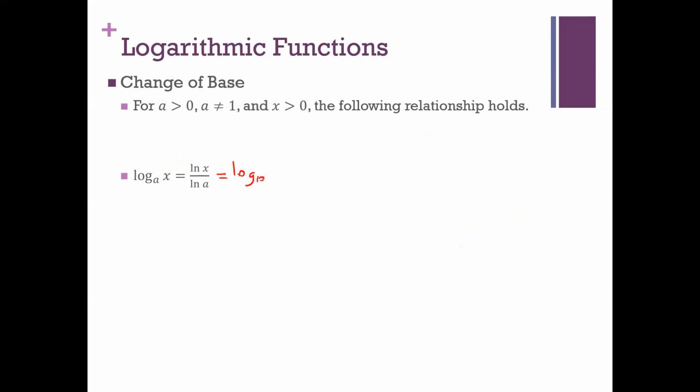It could be log base 10 over the log base 10 of A, or really anything else you want. I'm just choosing natural log because it's one of the bases that is easy to calculate.